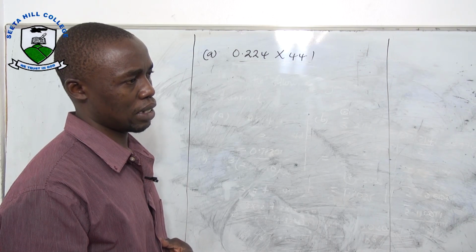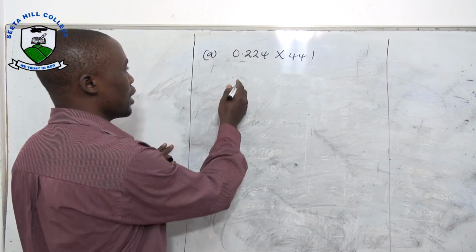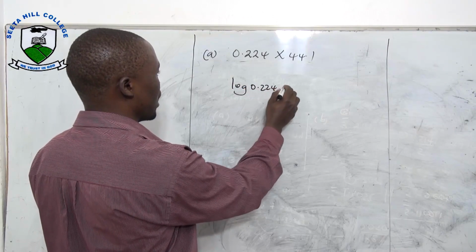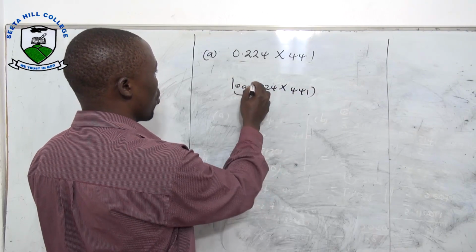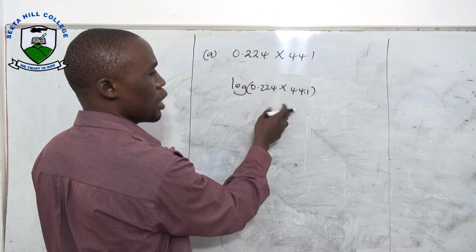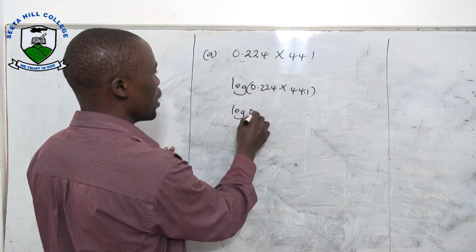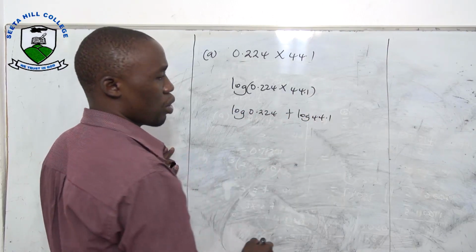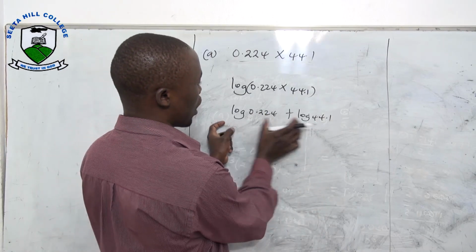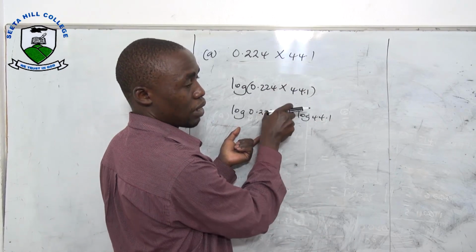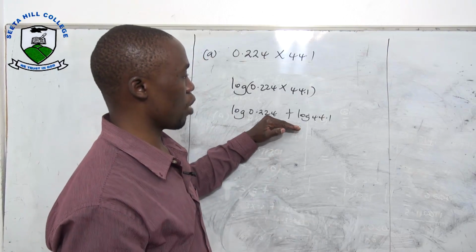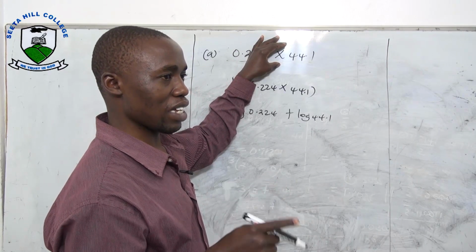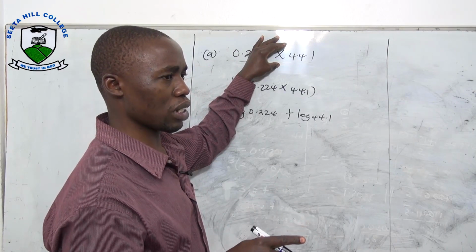Added. Let us explain that. Since they said use logs, we say logs of that. What does multiplication mean? It means that they are being added. So when we are seeing a multiplication, we are going to be adding our log answers. If there is a division, we shall be what?